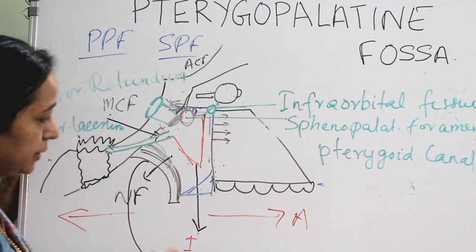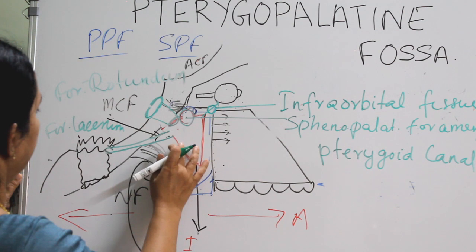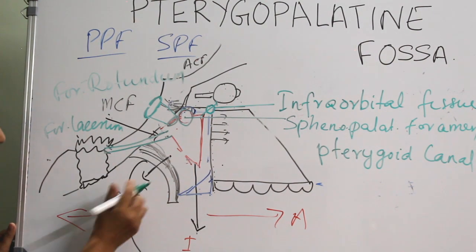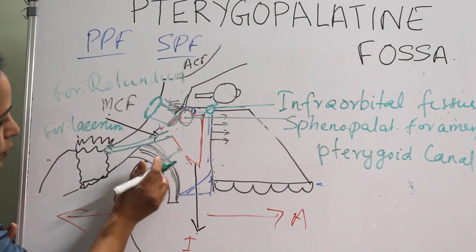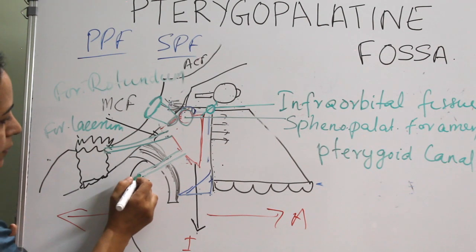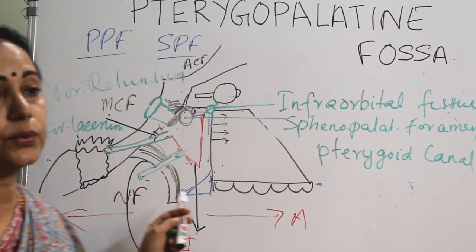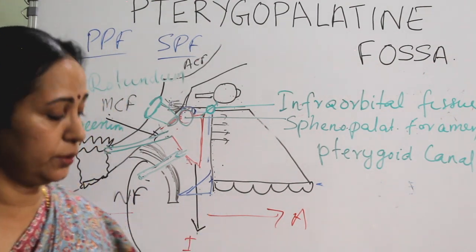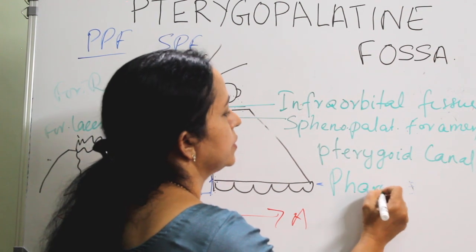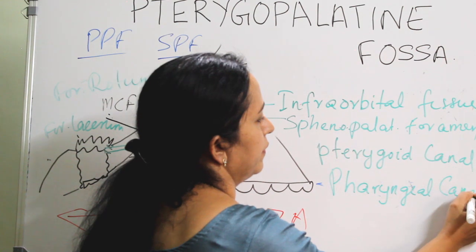And one more canal is there from the posterior part, but it goes inferiorly. From the postero-inferior part, here comes the nasopharynx. So from here into the nasopharynx, what canal? It is the palatovaginal canal, or otherwise called the pharyngeal canal. It goes to the nasopharynx.